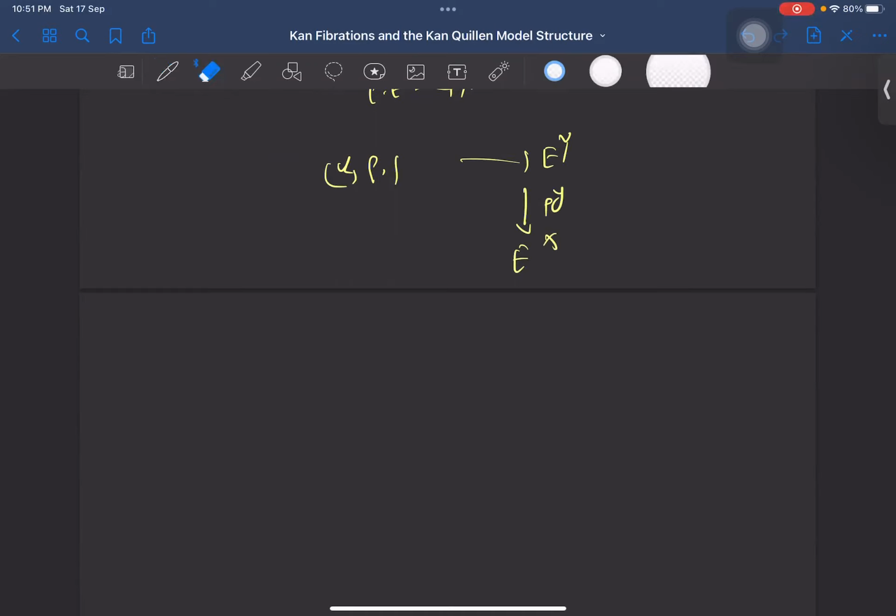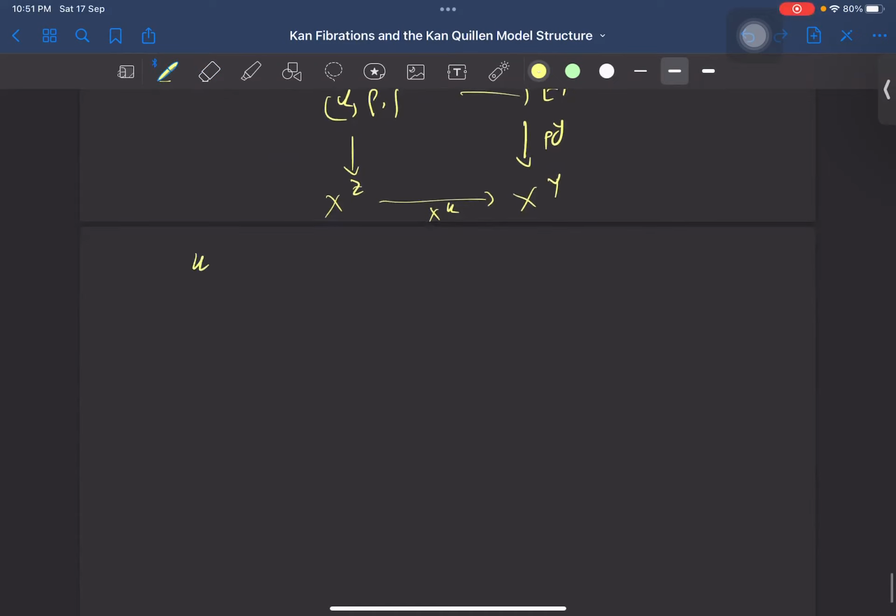Then KP is the corresponding object of diagrams of the following form.